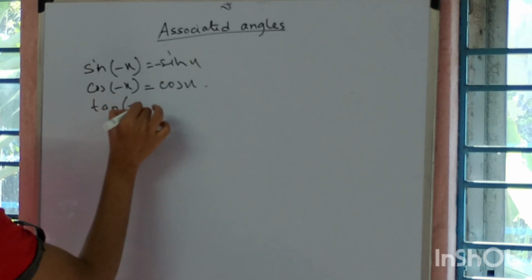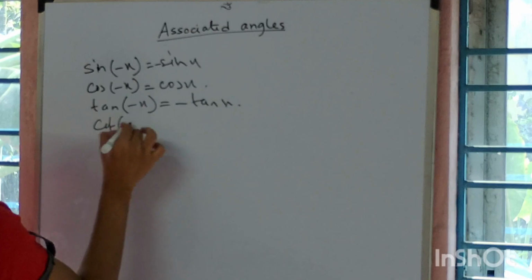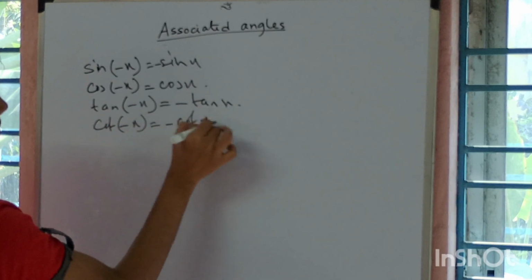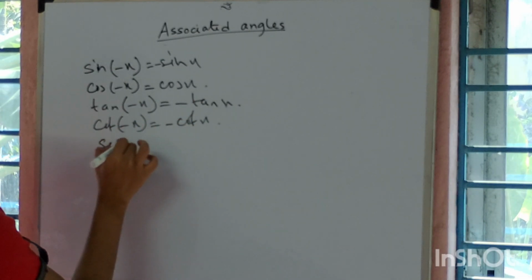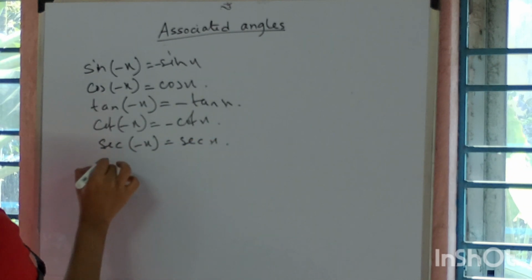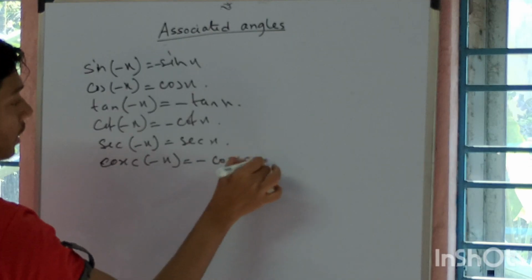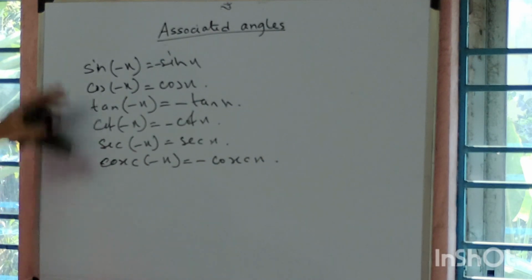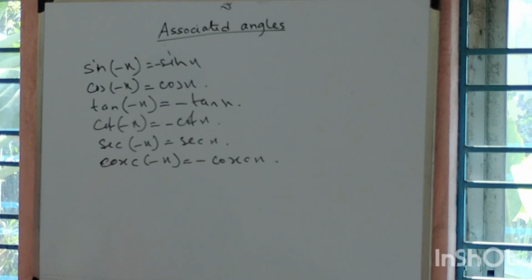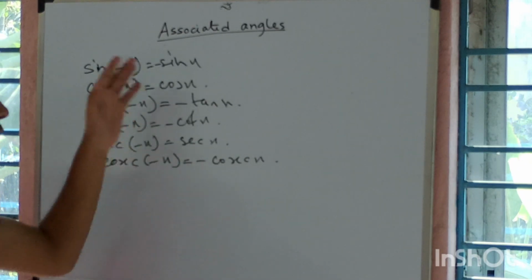Tan of minus x equals minus tan x. Cot of minus x equals minus cot x. Sec of minus x equals sec x, and cosec of minus x equals minus cosec x. You should know all these things. And in this manner you can easily solve any problem on associated angles.